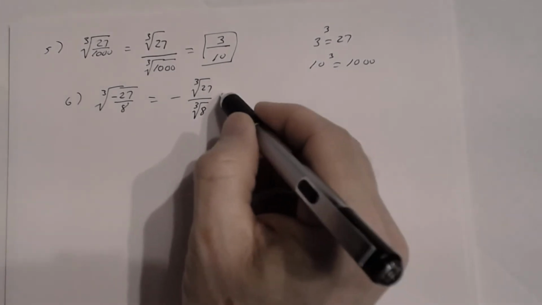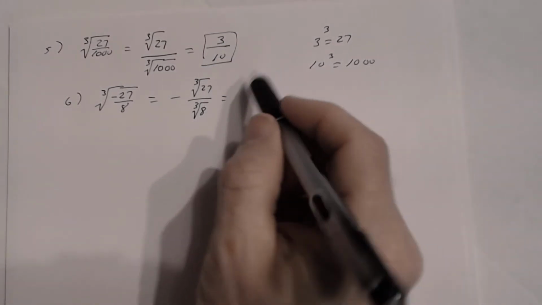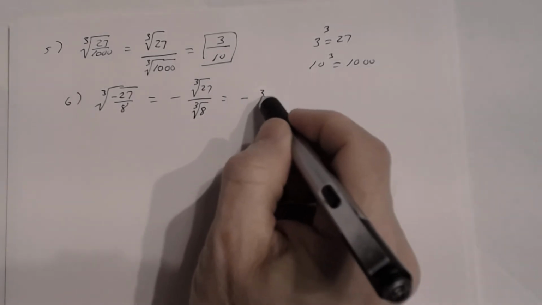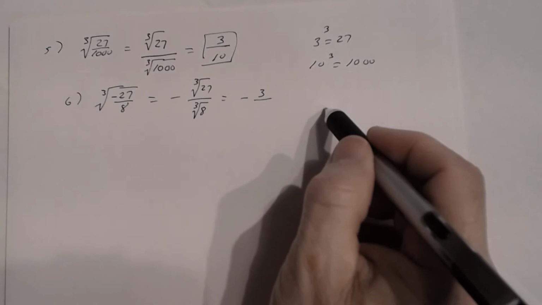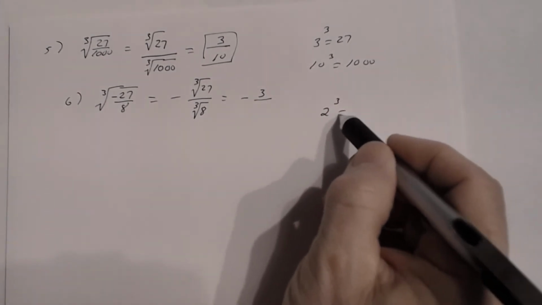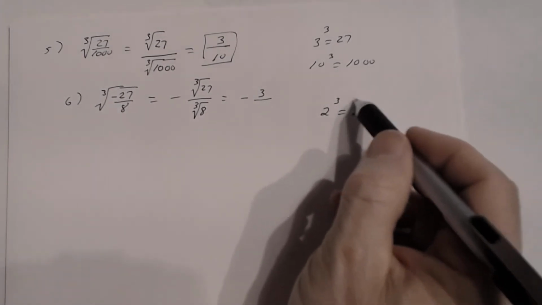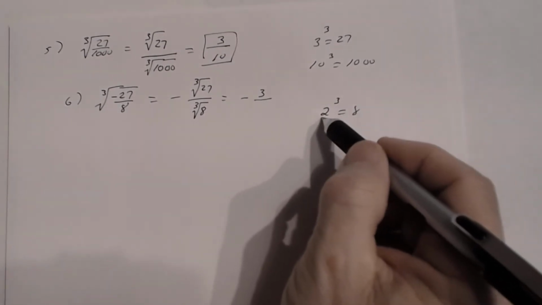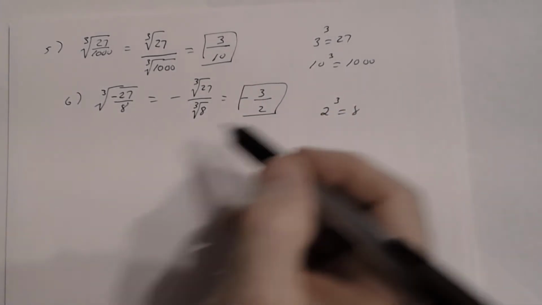I already know the cube root of 27 from the previous one. That's 3. So I get negative 3 divided by the cube root of 8. Remember, 2 times itself 3 times is 8. So if 2 cubed is 8, then the cube root of 8 is 2. So the answer is negative 3 halves.